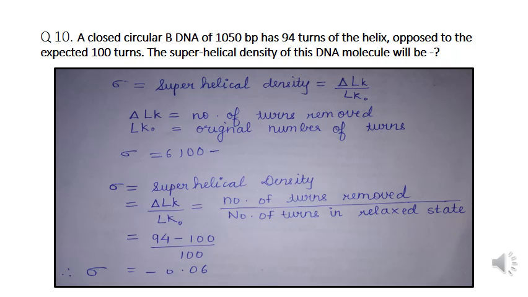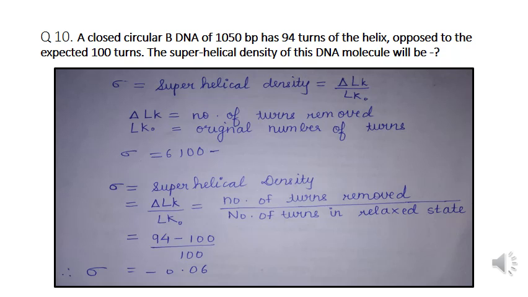So there are 10 bases per turn. Now there are 94 turns, but the expected turns are 100. So 94 minus 100 is 6 turns. 6 turns are less. So minus 6 on the number of original turns. The number of original turns is 100.